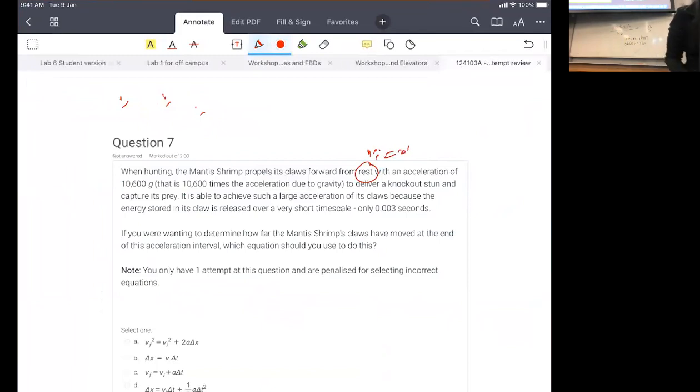And with an acceleration of 10,000 times the gravitational acceleration. So you're given the acceleration, this is acceleration.